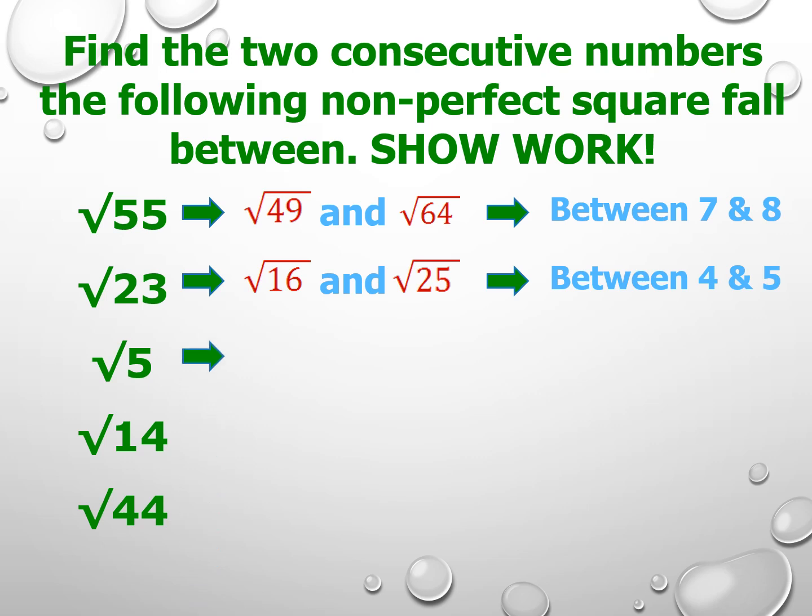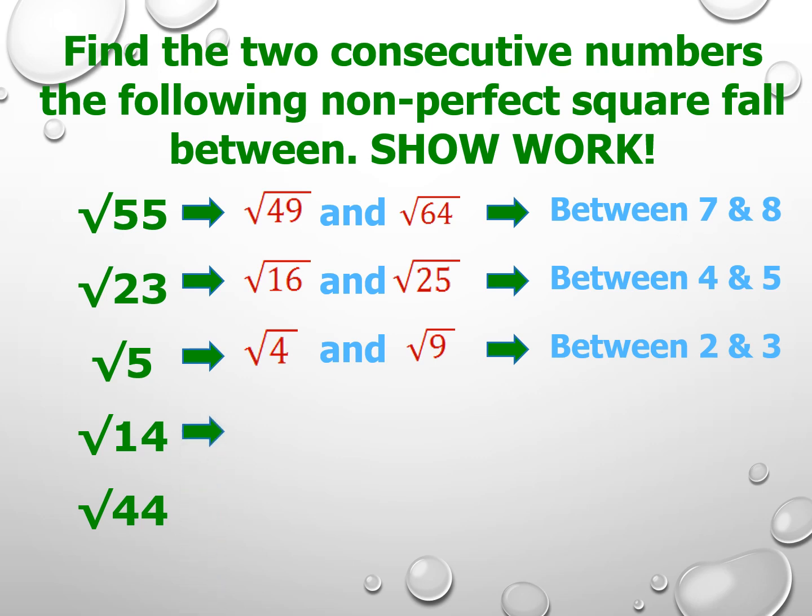Now let us have square root of 5. Square root of 5 falls between square root of 4 and square root of 9. So therefore, its square root falls between 2 and 3 because square root of 4 is 2 and square root of 9 is 3. And for square root of 14, it falls between square root of 9 and square root of 16. So therefore, its square root falls between 3 and 4.